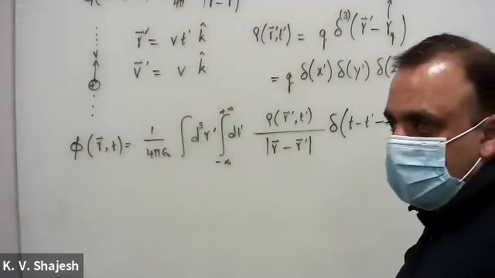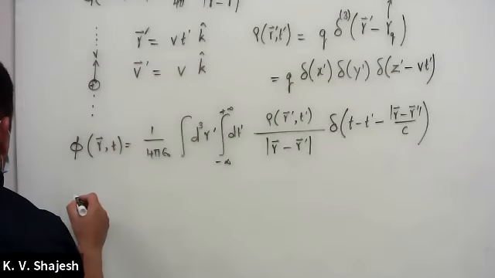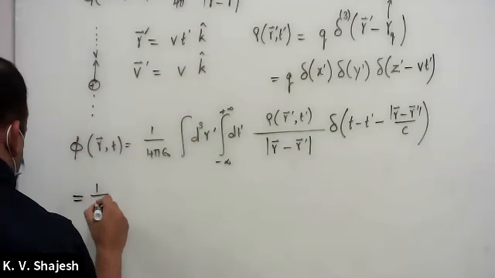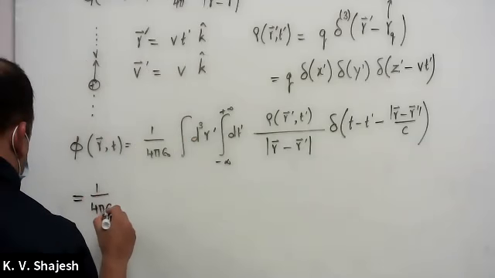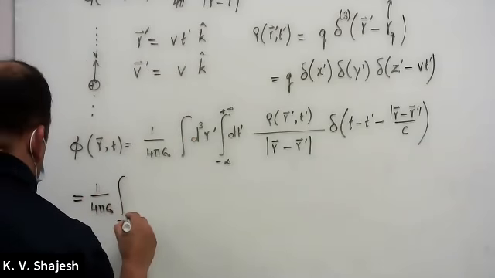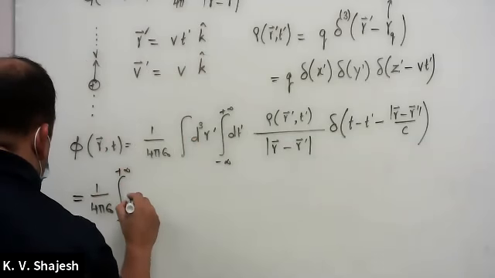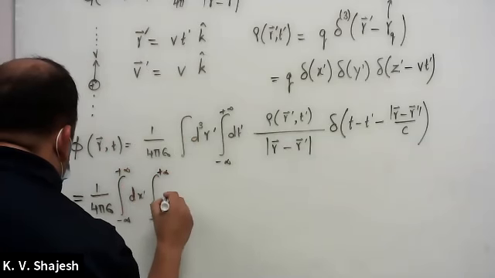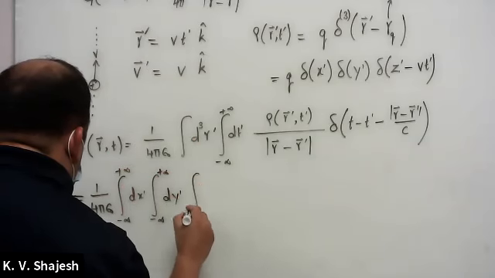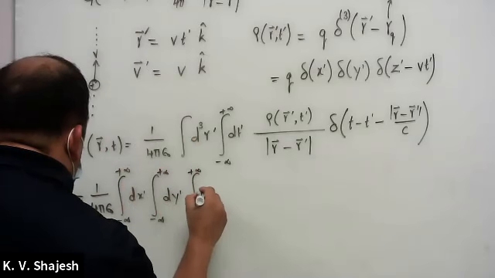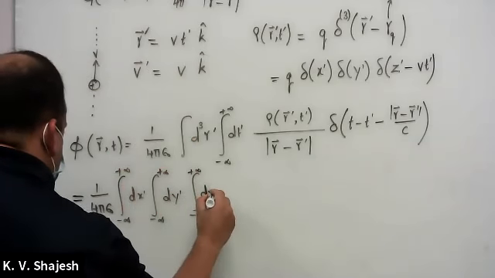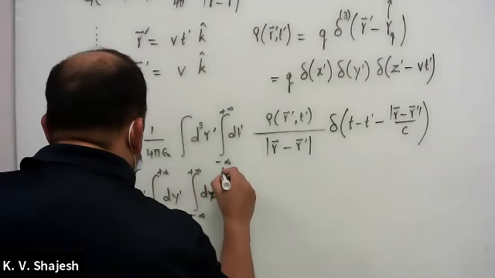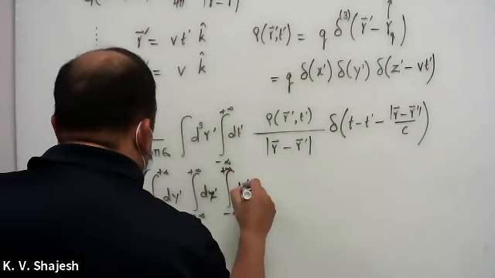Let me put this more explicitly. That's what I was writing earlier, but I think I was jumping steps there, so I wanted to do this again. So this is q over 4 pi epsilon naught, integral from minus infinity to plus infinity dx prime, minus infinity to plus infinity dy prime, dz prime, and finally time, dt prime.